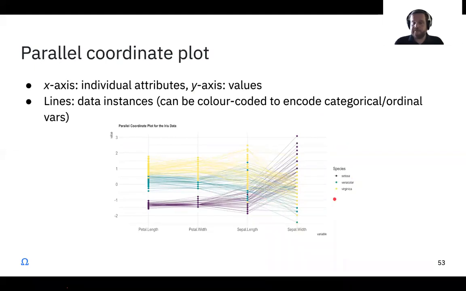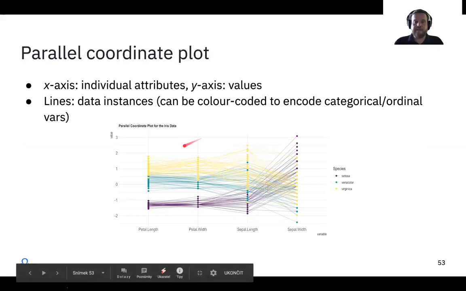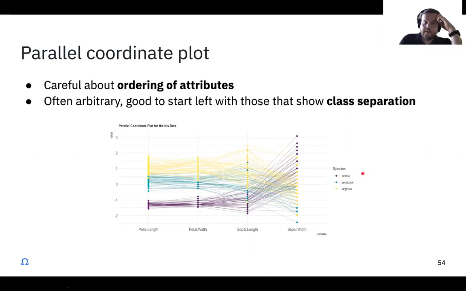So we have talked about Setosa being a bit more different than the two, but the two still being separable. And this we can see especially in this part of the plot, right? That we have them nicely stacked, nicely ordered, and this is where it gets a bit messy. So we have to be careful about ordering of attributes.